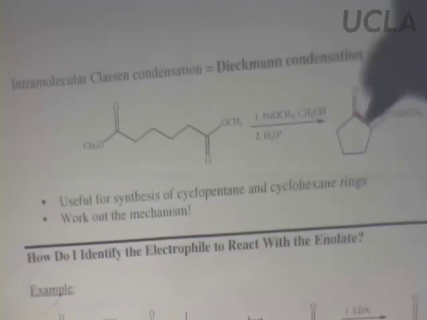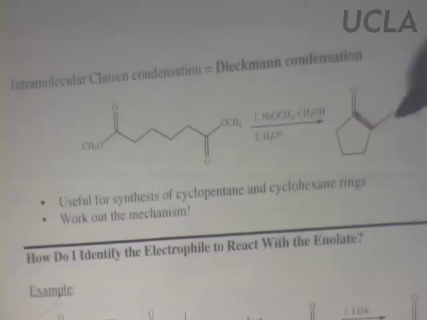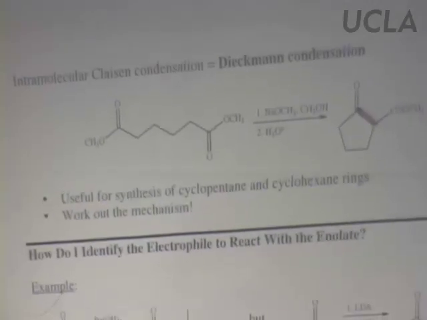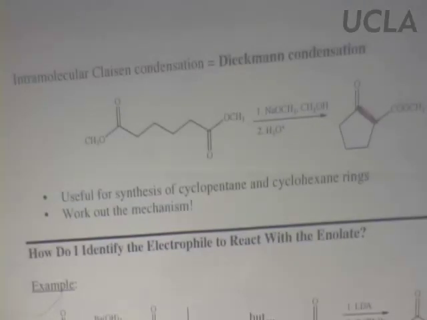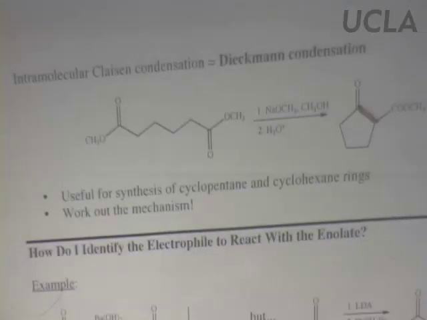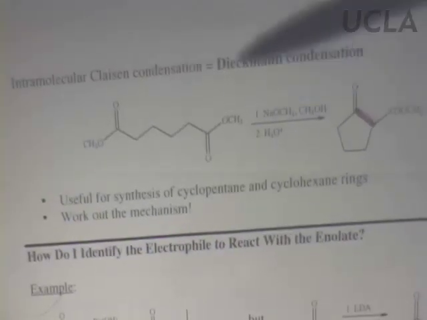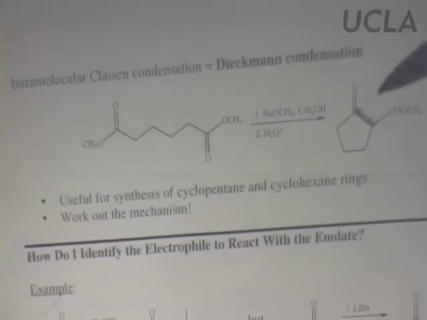Right there is our new carbon-carbon bond. So this ester enolate substituted on that ester. It's a particularly useful reaction for making 5-membered and 6-membered rings. Bigger or smaller, not so good at doing that. But the mechanism is exactly the same, and I encourage you to go ahead and work it out.